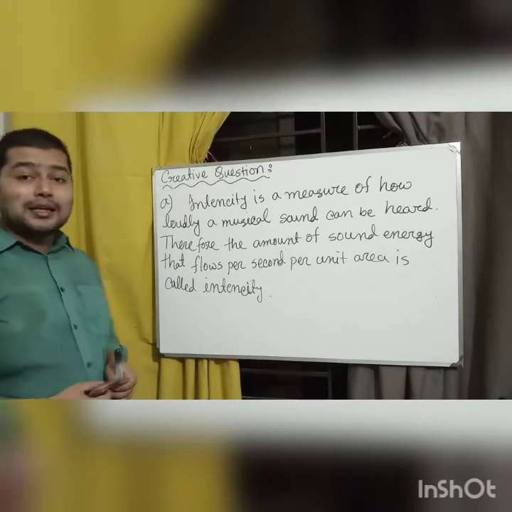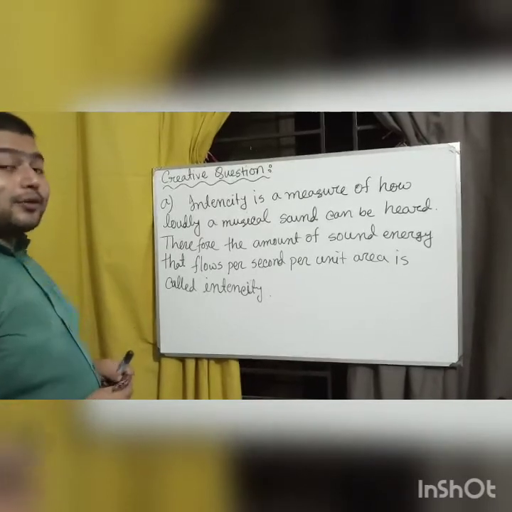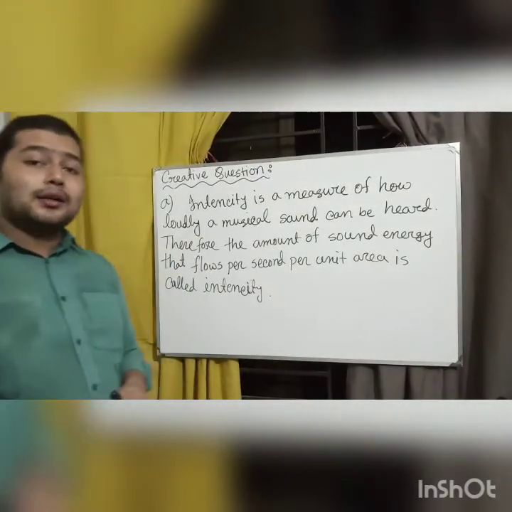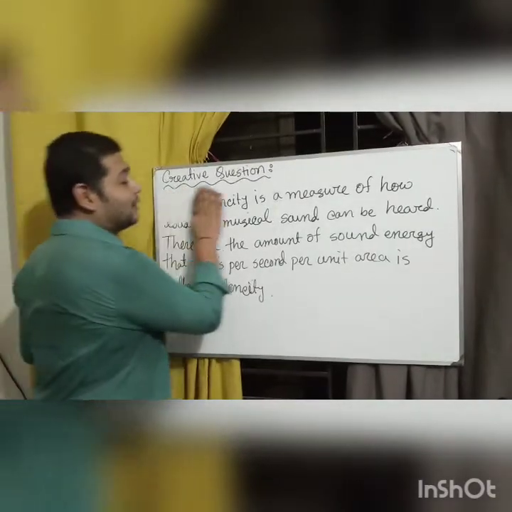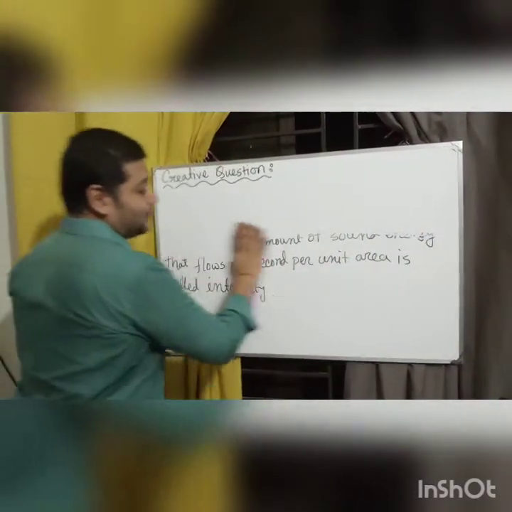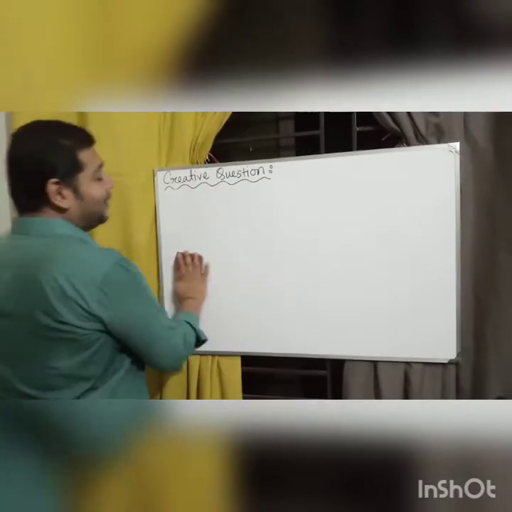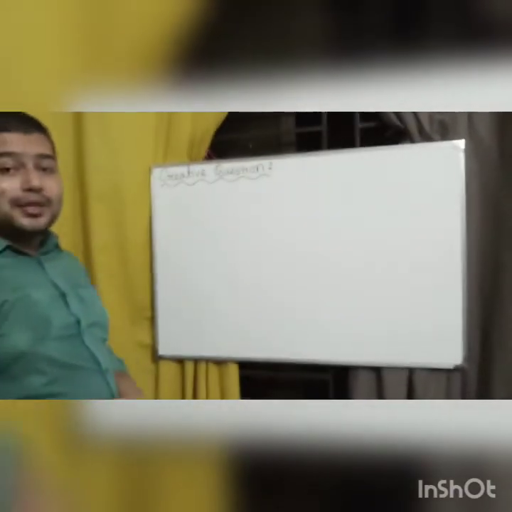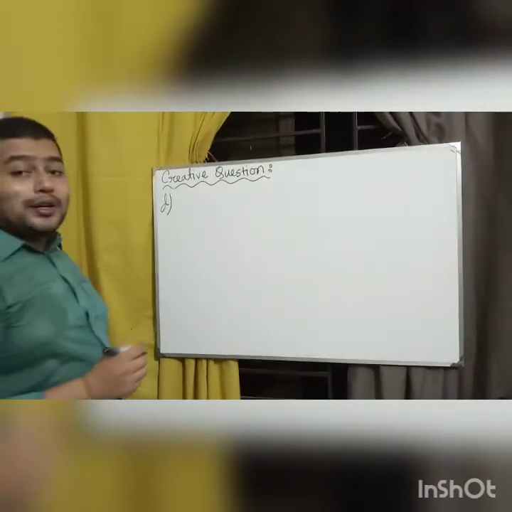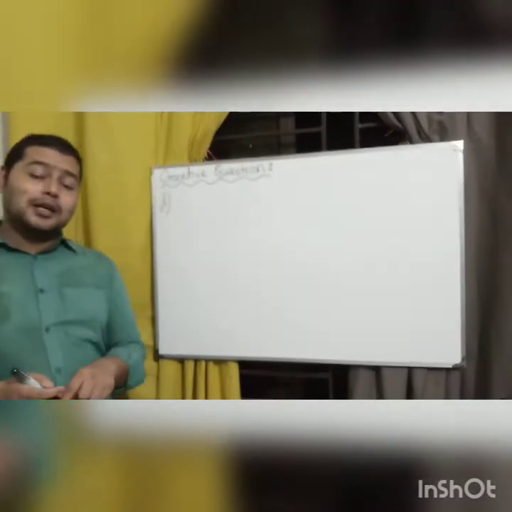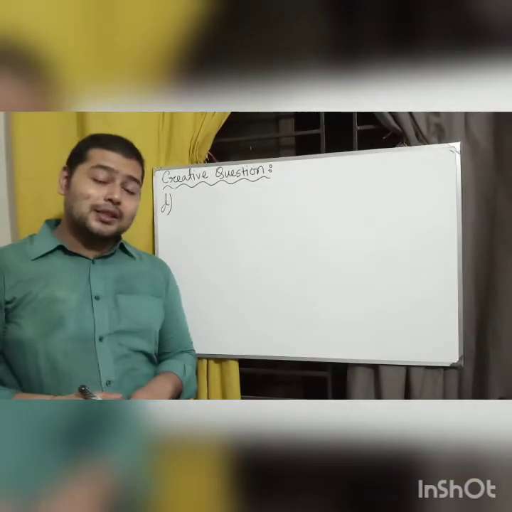Now we will discuss the answer for question number B. Here we need to show the relation between time period and frequency. First of all, we need to write down the definition of frequency.